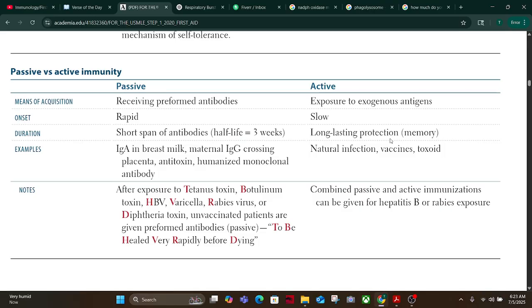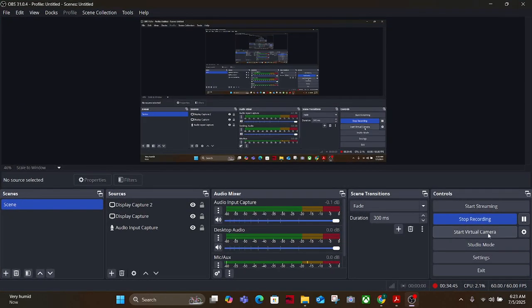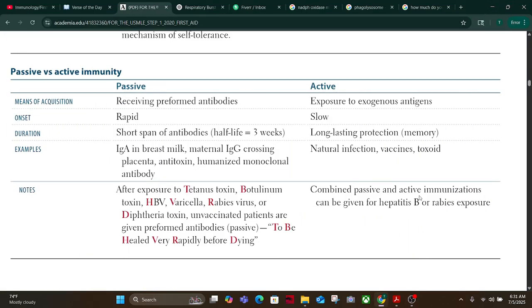Okay. So in active immunity, the body is exposed to an antigen through infection or vaccination, which activates the B cells.